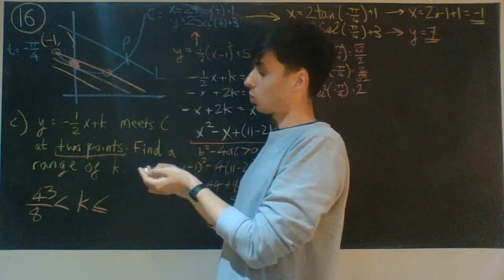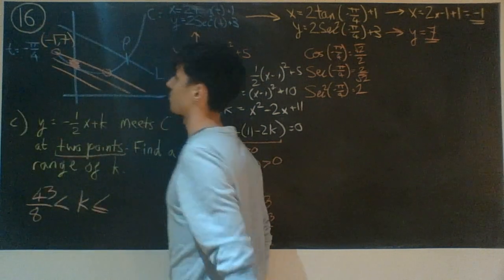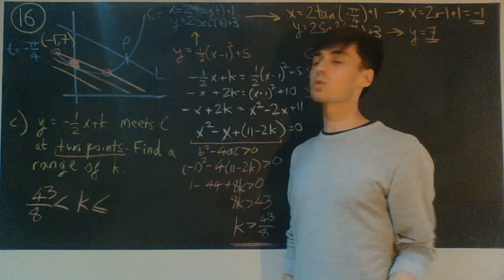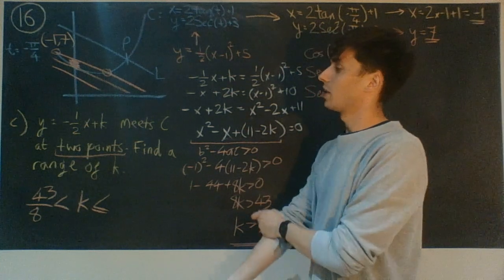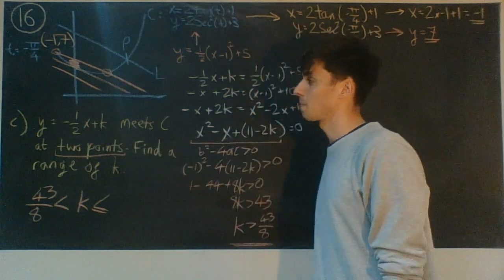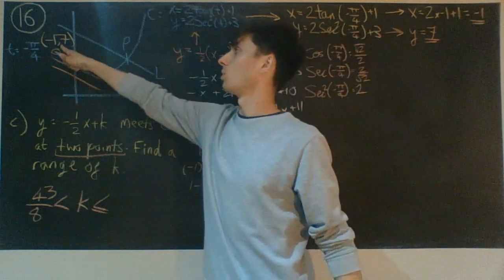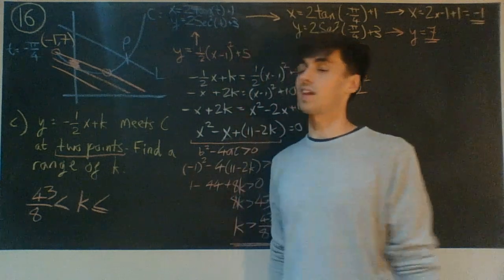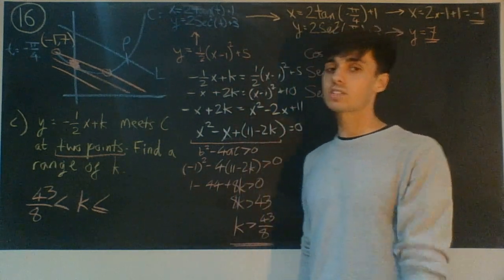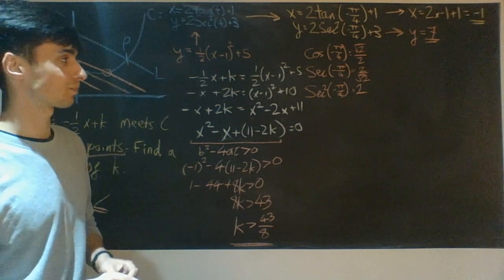Okay then, we've got our coordinates at this point. We've got minus 1 and 7. And remember what's really important about that is that y equals minus 1/2 x plus k. At the largest possible value of k, we will hit the minus 1, 7 coordinates. Let's substitute those in then to see what information it can give us.